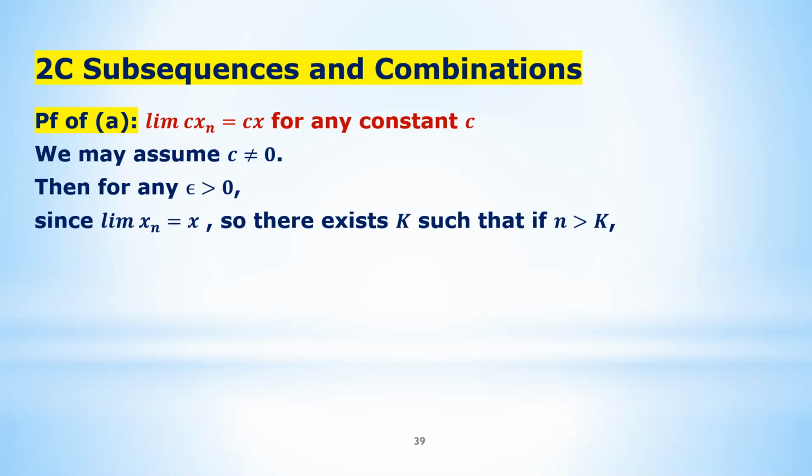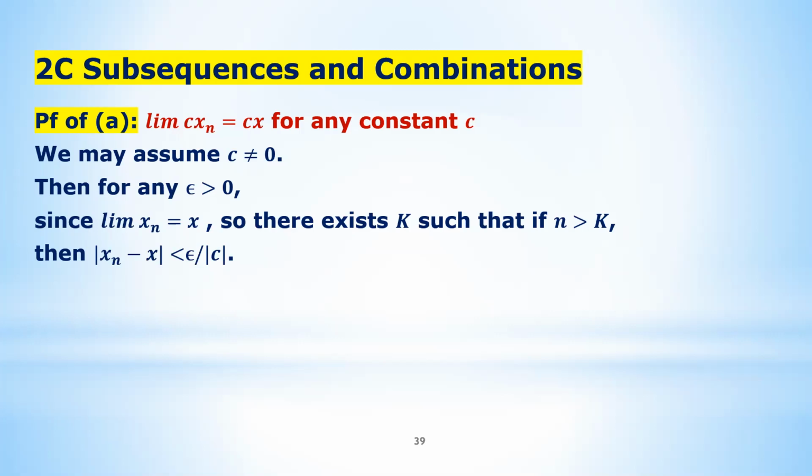This is standard. But for our proof, we want to make some small change. We not only want xn minus x less than epsilon, we want this to be less than epsilon divided by the absolute value of c. Now that's the crucial point. Why can we do that? Originally the definition says that this is less than epsilon. How can we say that this is less than epsilon divided by something else?